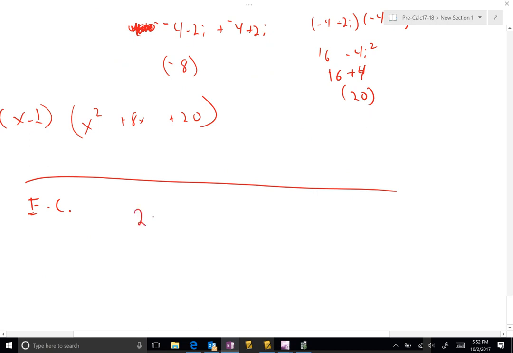We have 3 roots because it's a cubic polynomial, so we'll have 2 plus i radical 5, and we'll have 2 minus i radical 5, and we have a third root, which we do not know.